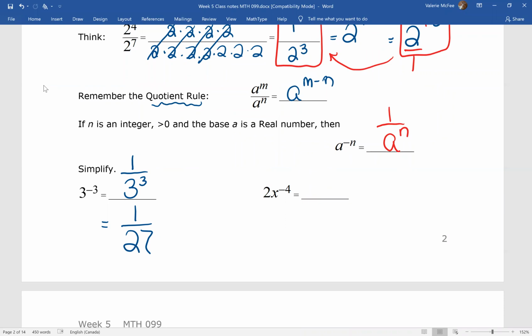We've said that the exponent applies to what it's directly beside. What's the exponent on 2? A positive 1. So 2 stays, but that x to the power of 4 moves to the denominator. When I flip it down to the bottom, it becomes positive.